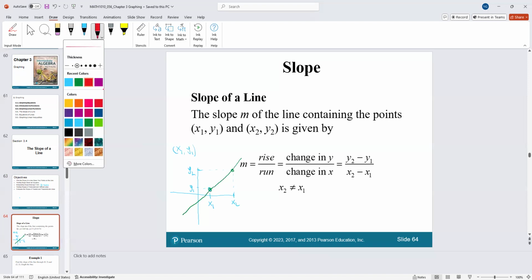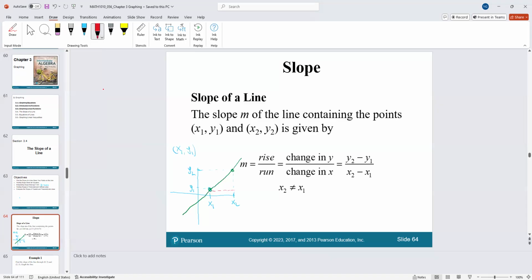This distance right here is between the two values of x, the change of x. That distance would be x2 minus x1. And this distance would be between the two y's, so it's y2 minus y1.